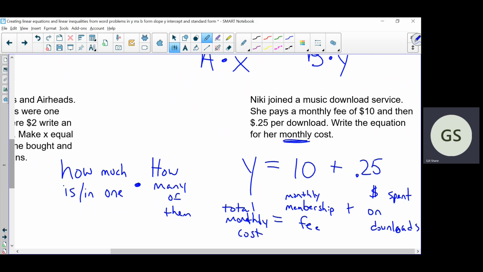Well, not the math. The math is multiplication, you're right about that. So we are going to multiply, but what are we multiplying it by? If it's an unknown, we don't have anything to put there. Yeah, variable. So we already use y, and y is typically the total, so times x. So it's y equals 10 plus, and we wouldn't need the times, but 0.25x would be the equation. So y equals 10 plus 0.25x would be the equation for that second problem.